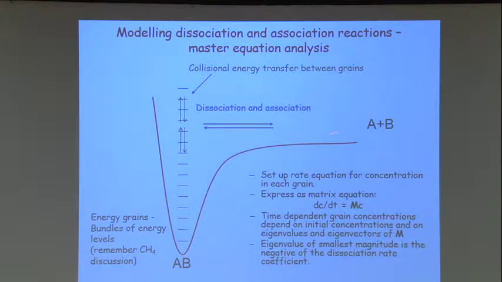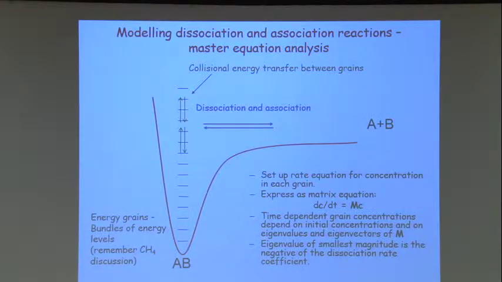So this is a simple dissociation reaction, AB going to A plus B. So these aren't just necessarily atoms. These are more complicated than just atoms. So these are fragments. And what we've done is we've divided the energy into a series of what are called grains.